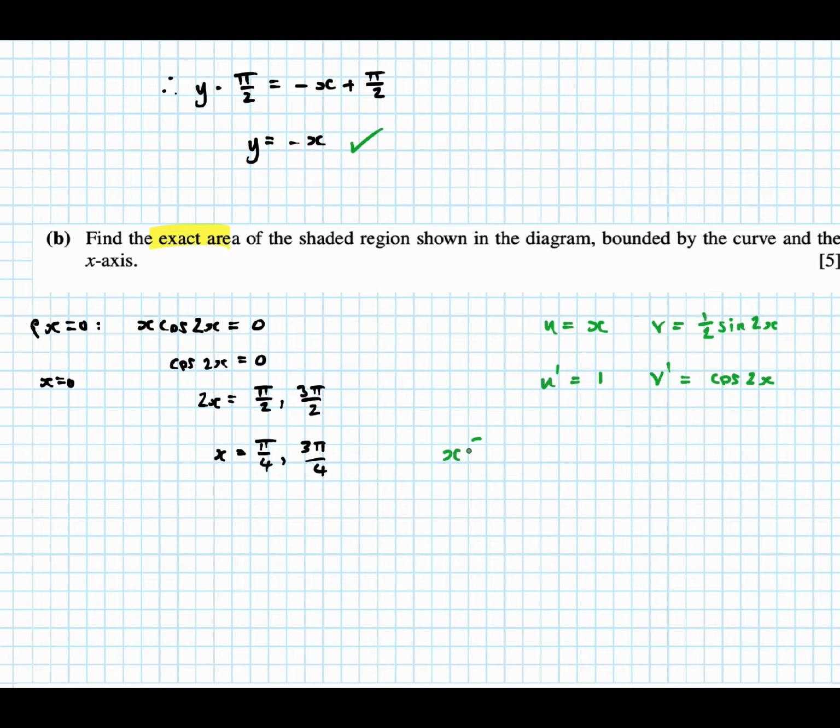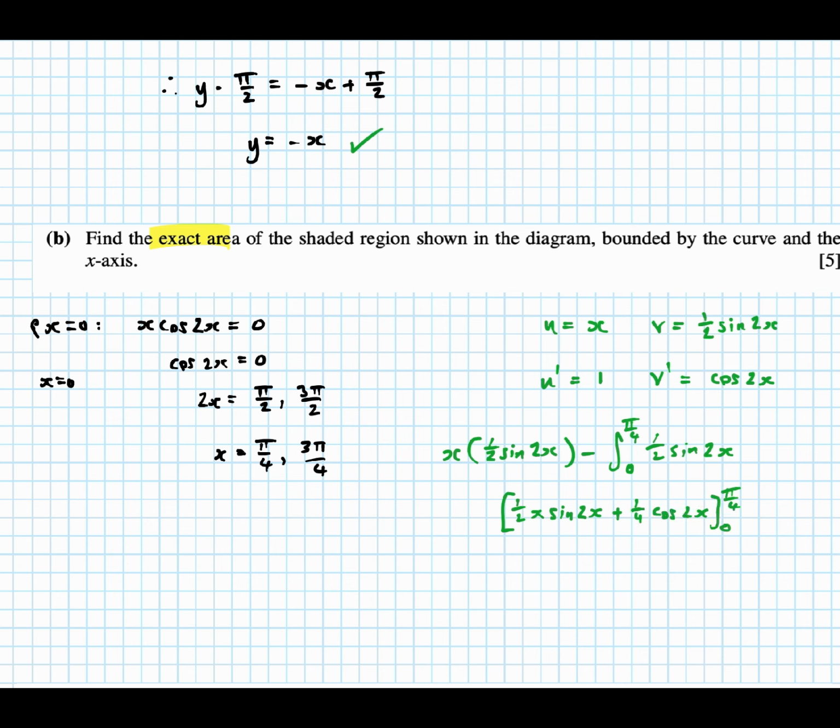So you have your formula: x times half sine 2x, minus the integral between the boundaries of pi over 4 and 0 of half a sine 2x again. So integrating that, you get half x sine 2x, so that's straightforward. You can plug in your values of pi over 4 and 0, and 1/4 cosine 2x.